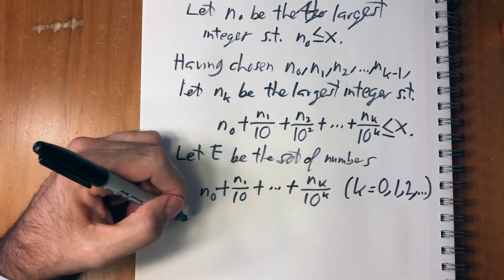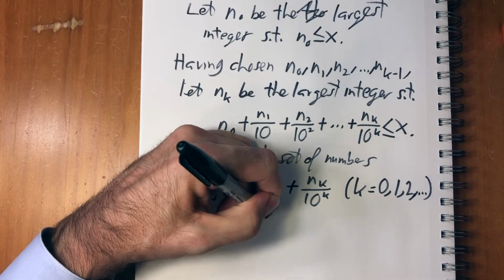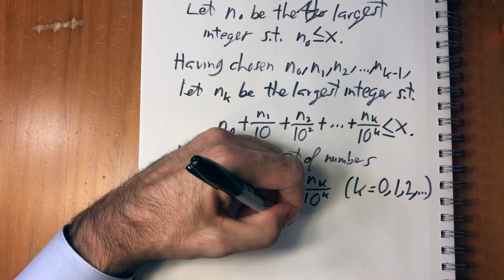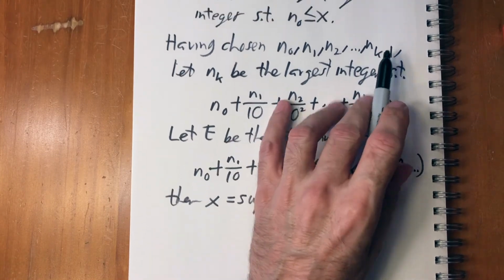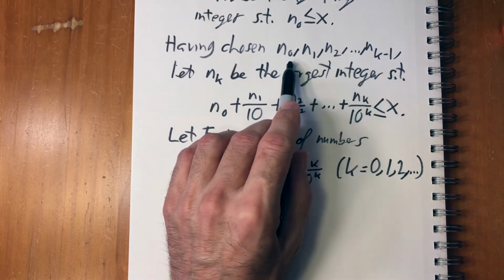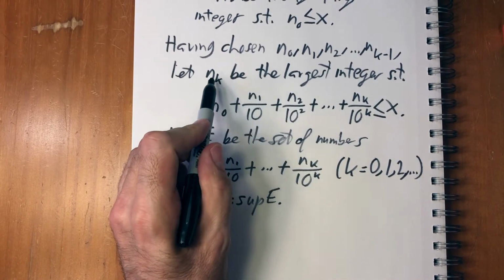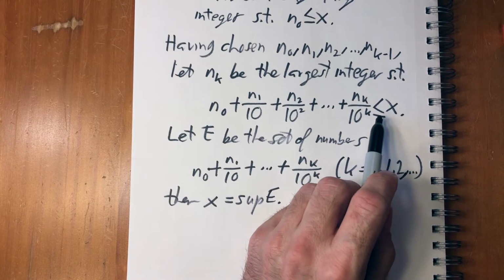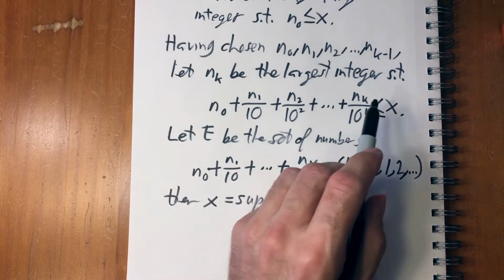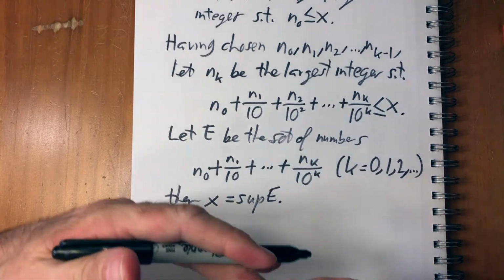Let me just finish saying this. Then x equals sup E. So what we're doing here is we've already chosen everything up to nk, up to k. So then let nk be the largest one such that this sum is still less than or equal to x. So we chose each one of them in that way.